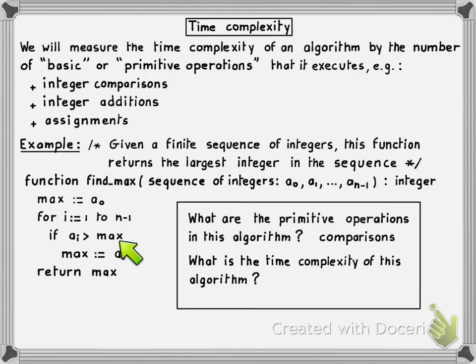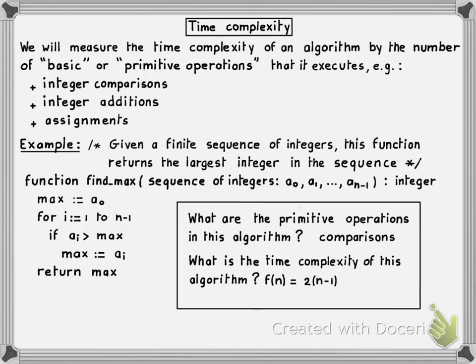So in other words, there are two comparisons for each iteration of the loop. We already observed that the number of iterations of the loop is n minus 1. So therefore, the runtime or the time complexity of the algorithm looks like it's going to be f of n equals 2 times n minus 1. There's two comparisons per iteration and n minus 1 iterations.